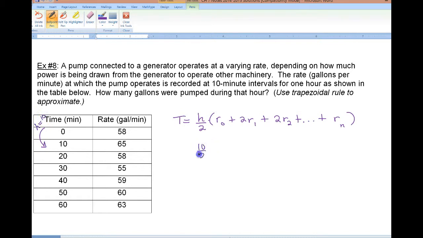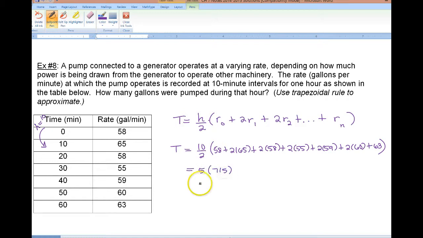So 10 over 2, and then it's going to be 58 plus 2 times 65 plus 2 times 58 and so on. I got 750 and you got... Yep.